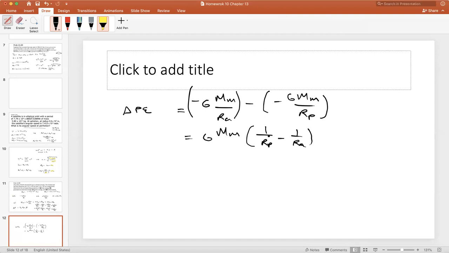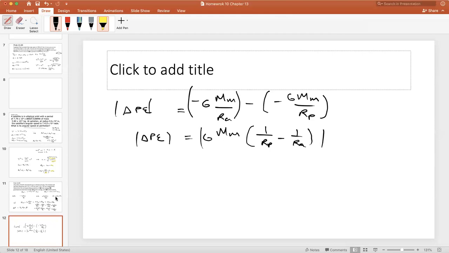What we should see is we're going to get something negative because RA is bigger than RP, a negative difference in potential energy, but take it as the absolute magnitude.